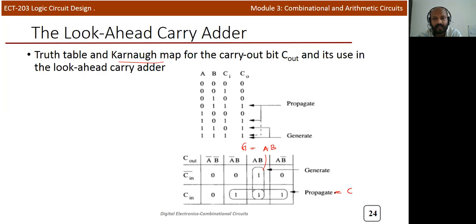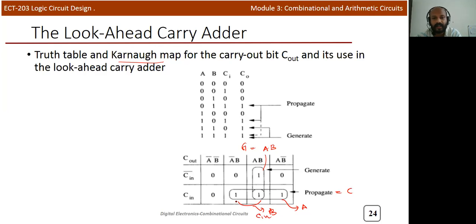if you look at these two groups, B is common for both cases. Here A is common.